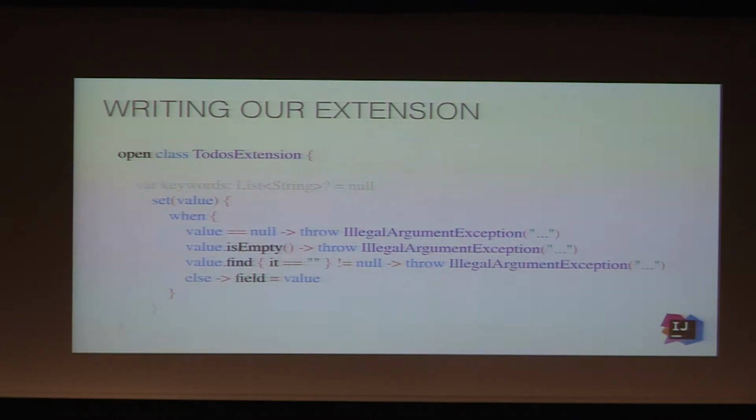It doesn't make sense. So I'm validating, and only if all the validation passes, in the else part, I'm going to assign this value to the field. Field is the keywords. You cannot write here keywords equals value. Field represents the backing field when you're in a setter of a property in Kotlin. So great, we get our extension.